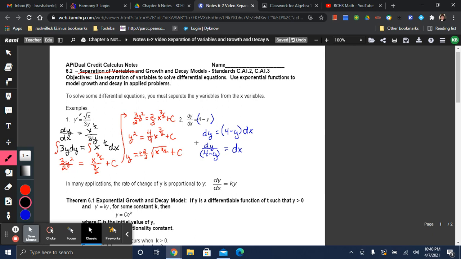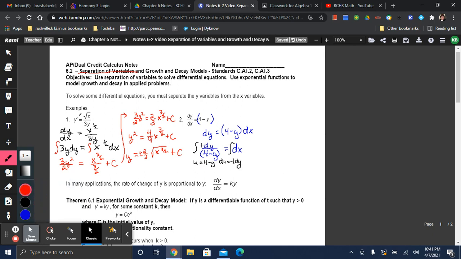So we will integrate, and on this side with the 4 minus y, we'll have to use a u. U would be 4 minus y. Your du would be -1 dy.